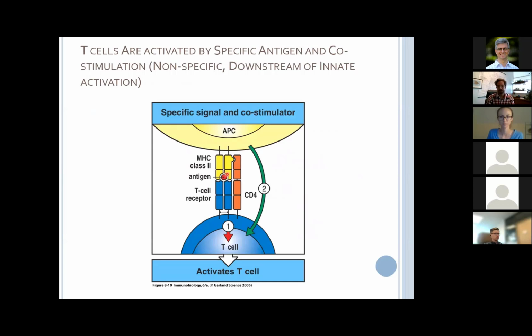And so you have your professional immune cells, like your antigen presenting cells, like macrophages and dendritic cells, that are eating these pathogens as they go through a site of inflammation, and they're chopping up peptides from the proteins inside the viruses. And then they're presenting them, and that's the word that we use, it's antigen presentation, on their cell surface, on these special molecules called MHC, major histocompatibility complex.